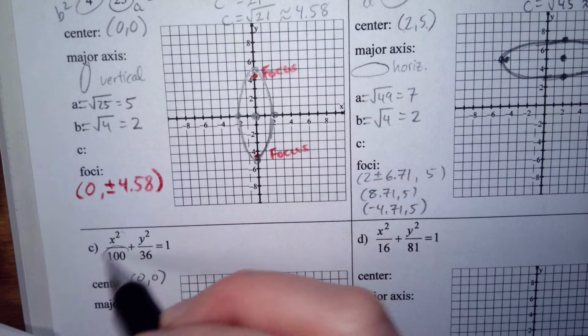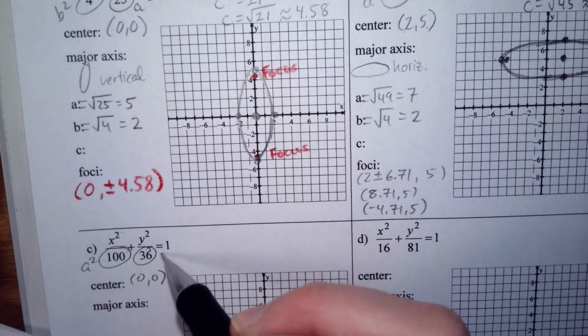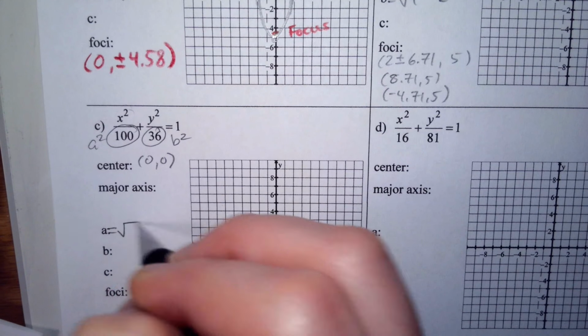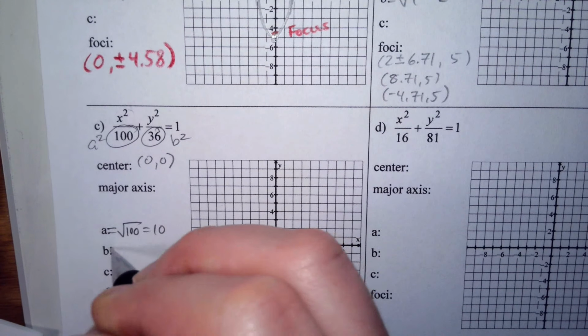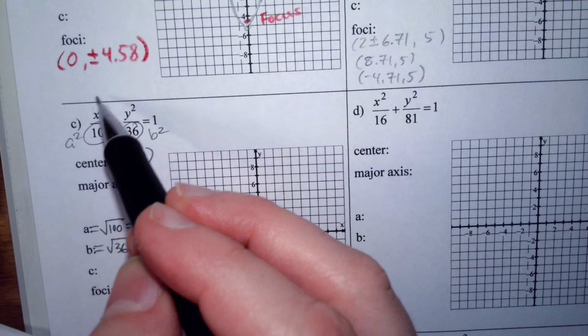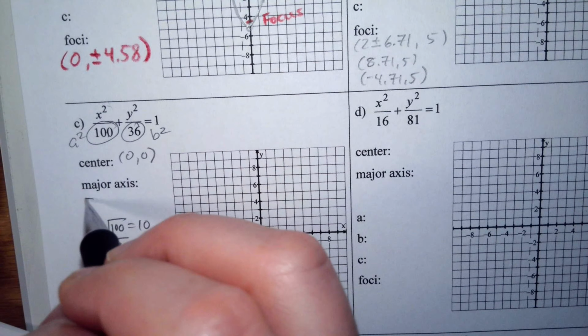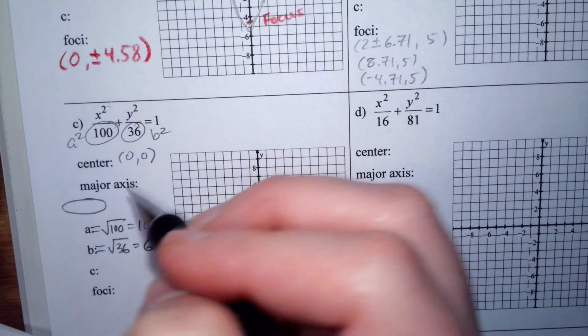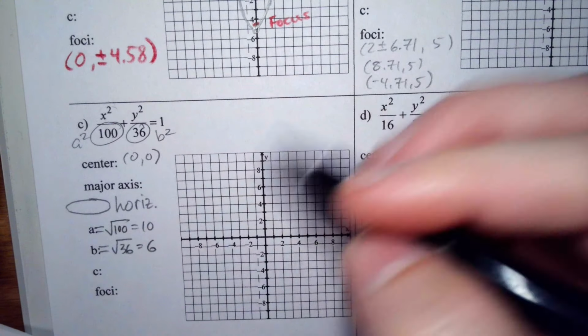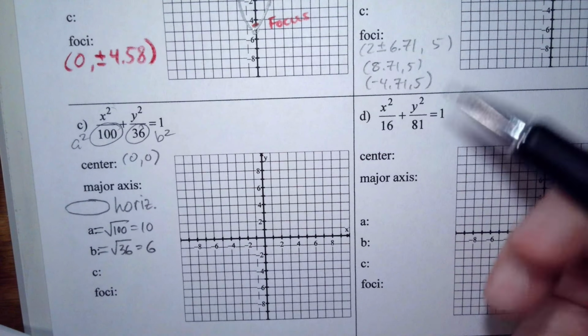So 100 must be the a squared, and 36 the b squared. So therefore a is the square root of 100, which is 10. B is the square root of 36, which is 6. Since the 100 is underneath the x's, then the ellipse is going to be longer in the x direction, so longer in the horizontal direction. And that's all we need right now to graph it, and then we'll deal with the foci later.